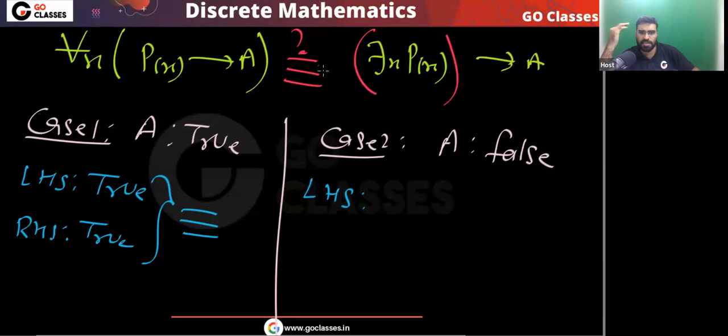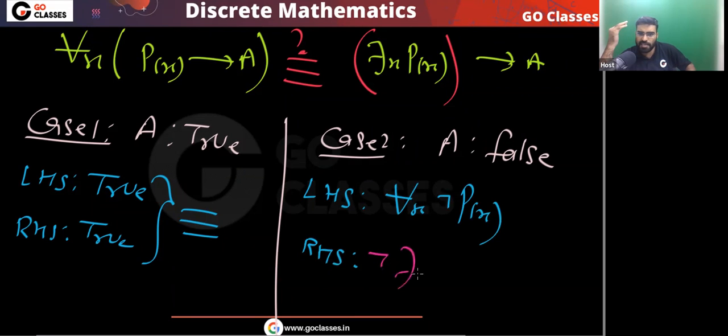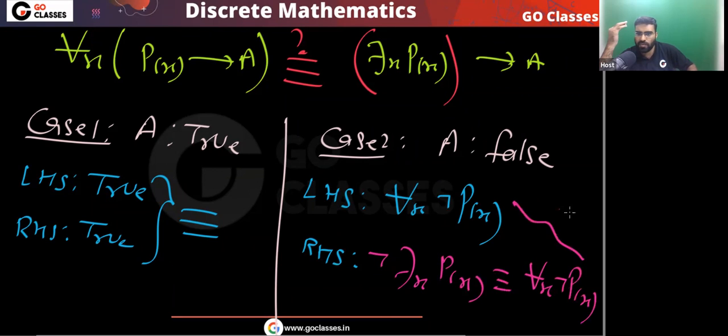In case 2, what is LHS? When A is false, then LHS is for all x negation px. And what is RHS? RHS is negation there exists x px, and that is the same as for all x negation px. So they are equivalent. Hence proved. So very easy to prove.